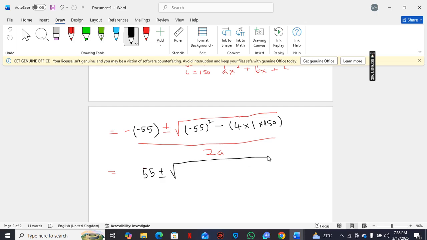Okay, with our calculators, what is negative 55 squared? So I said our a is 1. So even on the down part, our a. Oh, yes, thank you, yes.